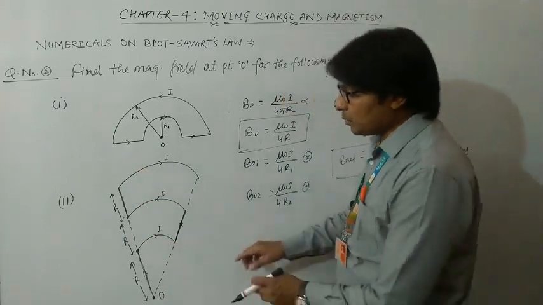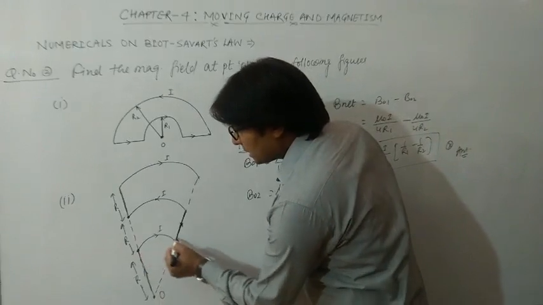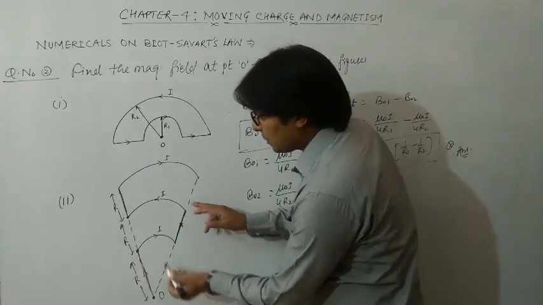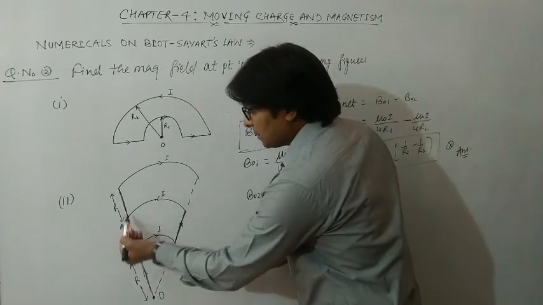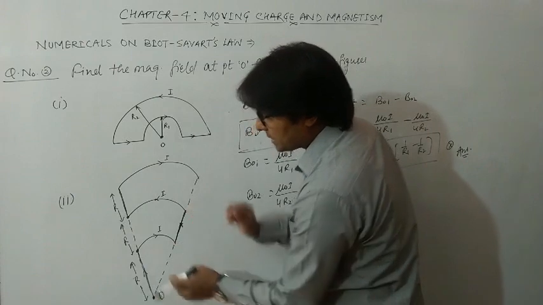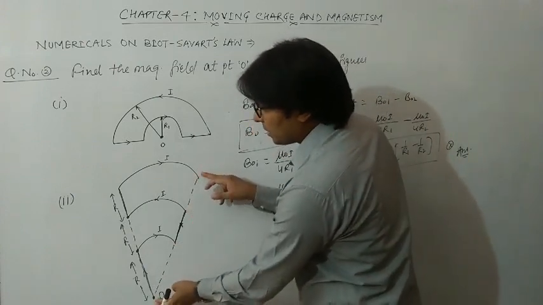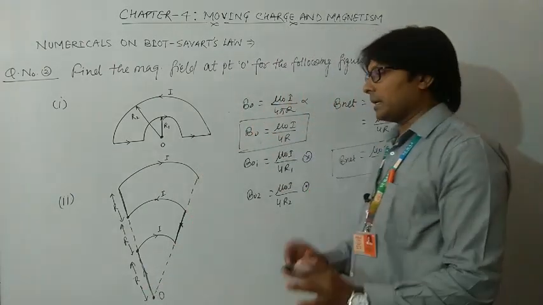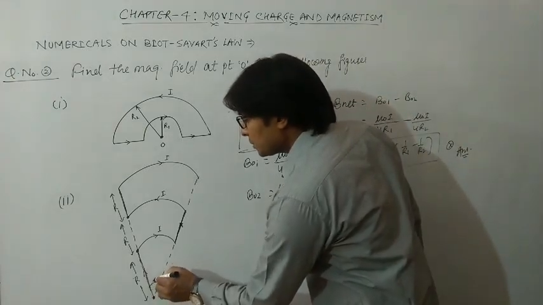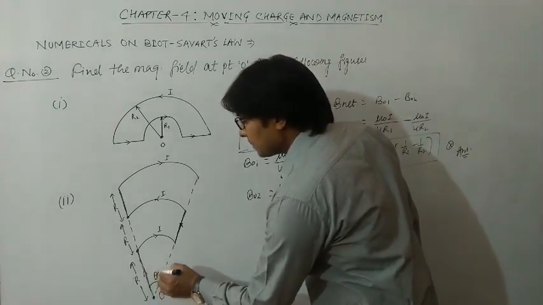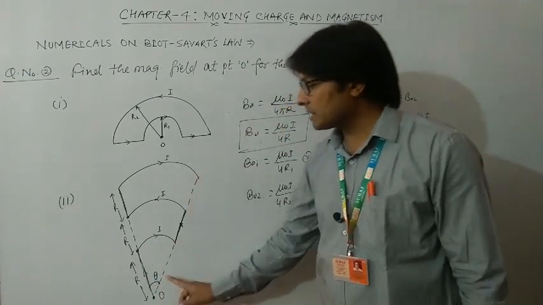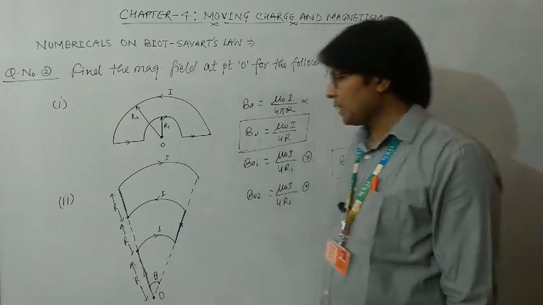The first arc has radius r, the second arc has radius 2r, and the outermost arc has radius 3r. The angle subtended is, suppose, theta, and it remains the same for the first, second and third arcs.